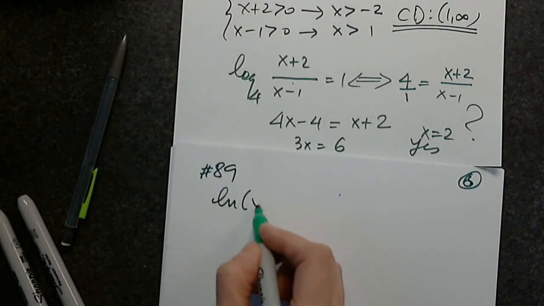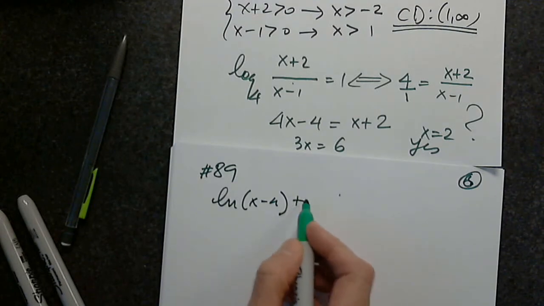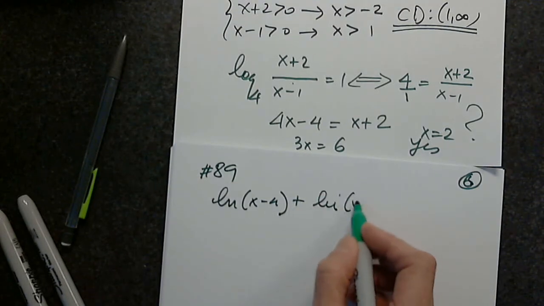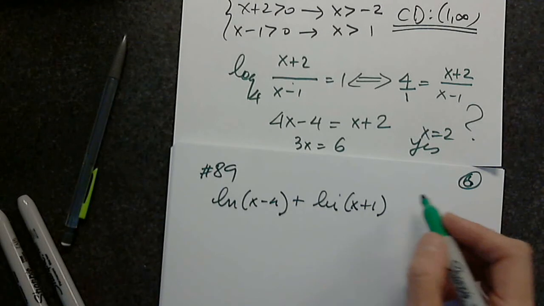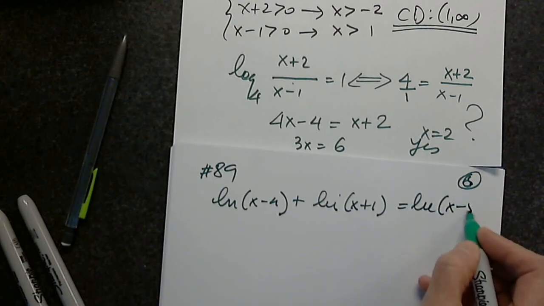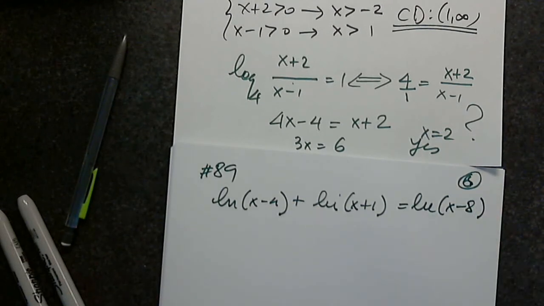ln(x - 4) + ln(x + 1) = ln(x - 8). Now I have 3 log functions. I will have 3 restrictions, and I will have to find the common domain.